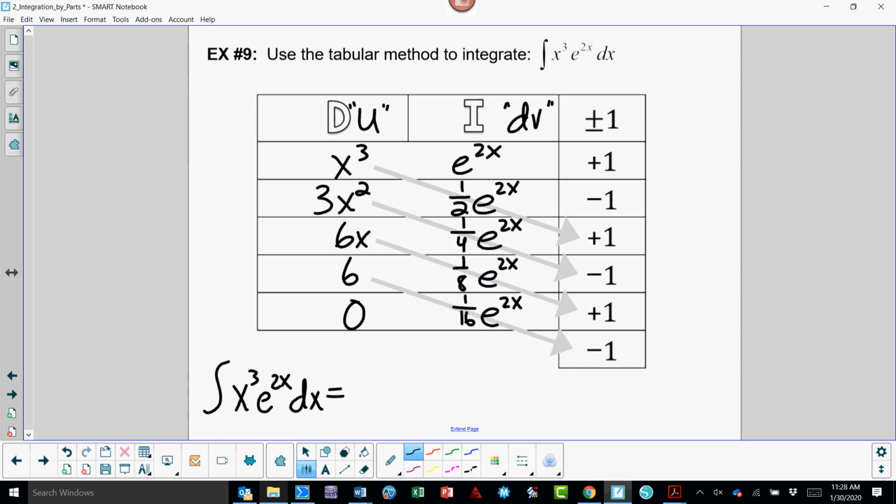Let me use a different color to go across so you can see. I'm going to do this, and then this, and then this, and then this, just like it says. So x cubed times 1/2 e to the 2x, that's 1/2 x cubed e to the 2x. And then I'm going to use the sign that's right here, which is plus.